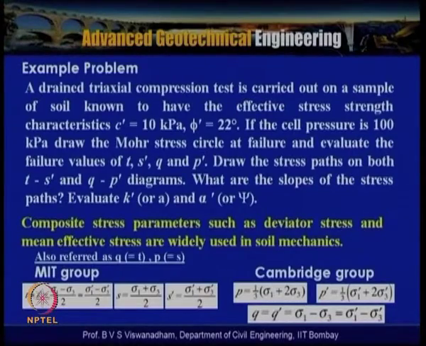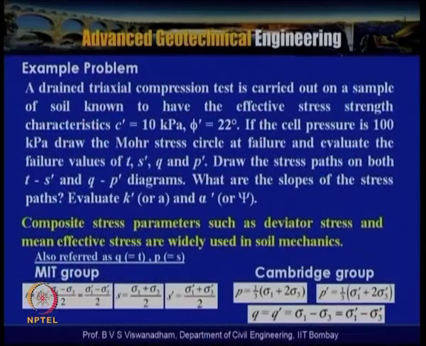So before looking into the discussion, let us take an example problem, which reads like this: a drained triaxial compression test is carried out on a sample of soil known to have the effective stress strength characteristics, effective stress parameters, c dash equal to 10 kilopascals and phi dash equal to 22 degrees.